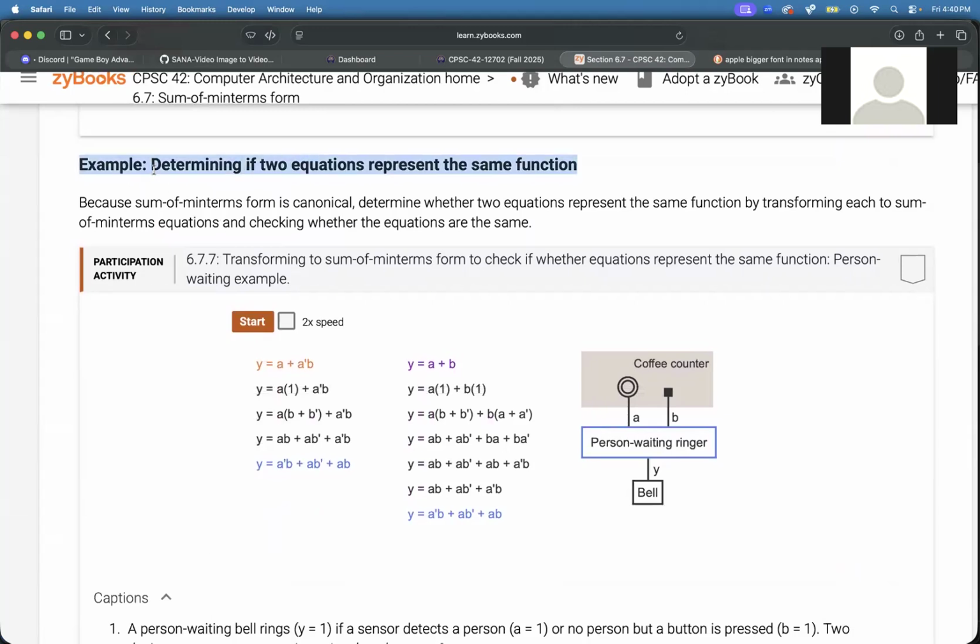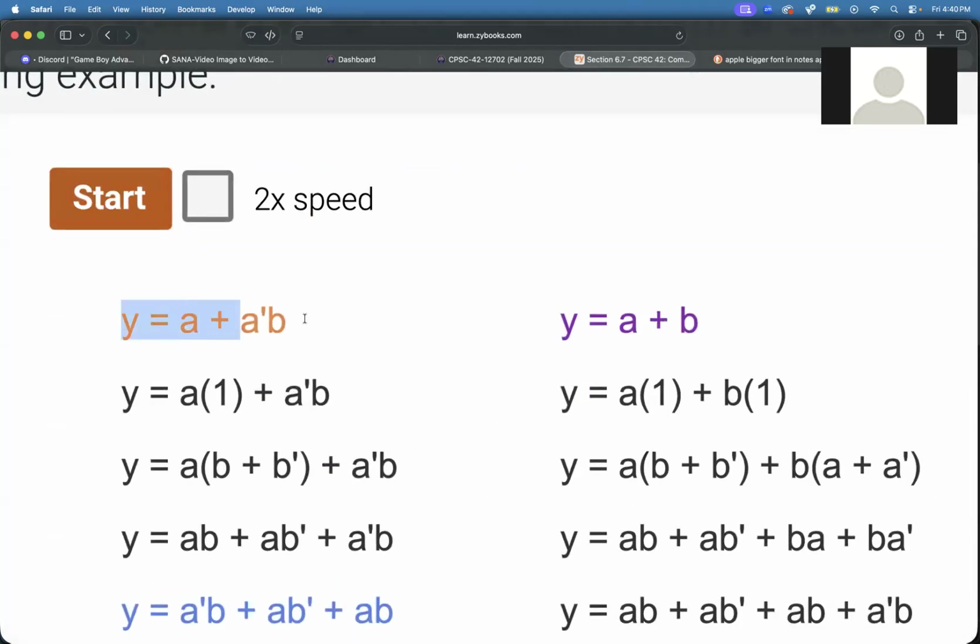So you could determine if two equations represent the same function by writing them as sum of min terms, right? Because if you write them as sum of min terms and they're the same, then they must be the same. So if you wanted to know if y equals A plus not A B and y equals A plus B are the same, which they are, right?